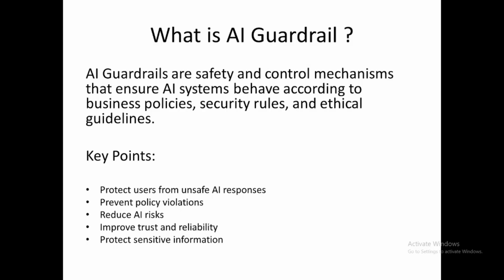The guardrail on the highway does not stop the car from moving. It simply prevents the car from going outside the safe boundary. AI guardrails work exactly the same way. They don't stop AI from answering. They simply make sure the AI stays within safe business boundaries.